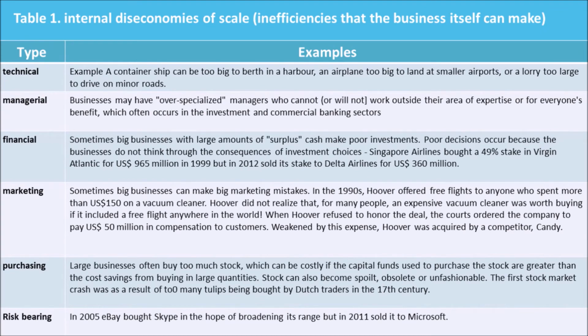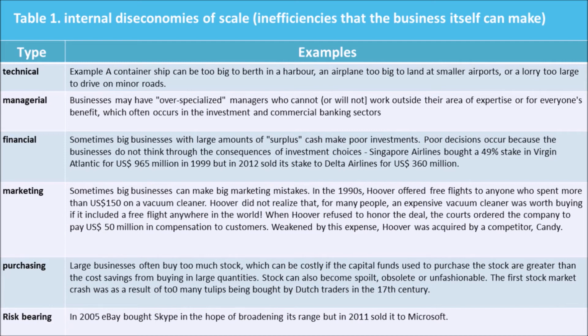Table 1.6.3. Internal diseconomies of scale, inefficiencies that the business itself can make. 1. Technical. For example, a container ship can be too big to berth in a harbor, an airplane too big to land at a smaller airport, or a lorry too large to drive on minor roads. 2. Managerial.